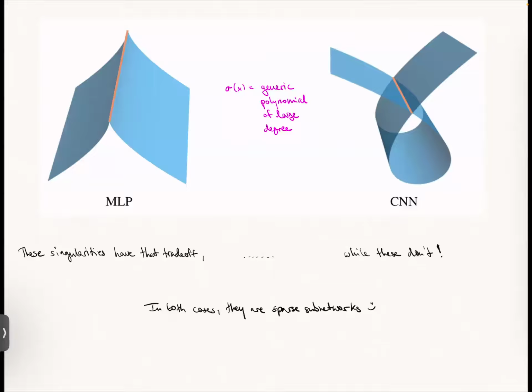But interestingly, polynomial convolutional neural networks do not have that behavior at all. These also have singularities, but the singularities are of a very different type. They arise only as self-intersections, and these do not have any Jacobian rank drop anywhere. So there is no infinite condition number in your training ever.